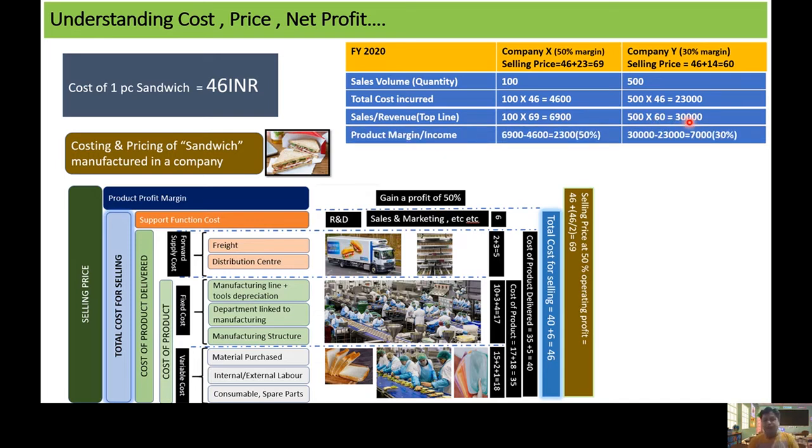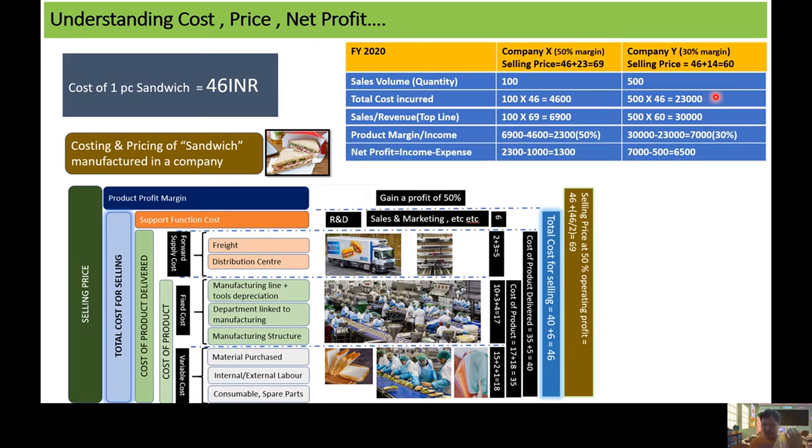So with this, we have a product margin or an income for company X at 50% of 2,300 rupees, that is 6900 minus 4600, and for company Y at 30% of 7,000, which is 30,000 minus 23,000.